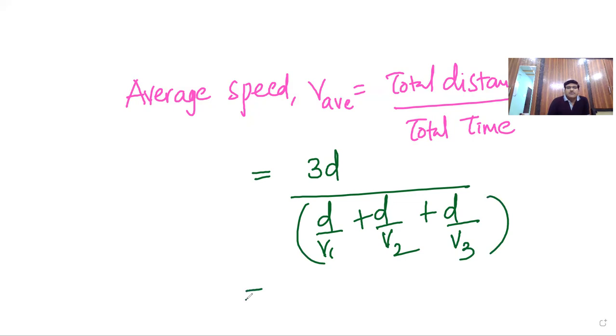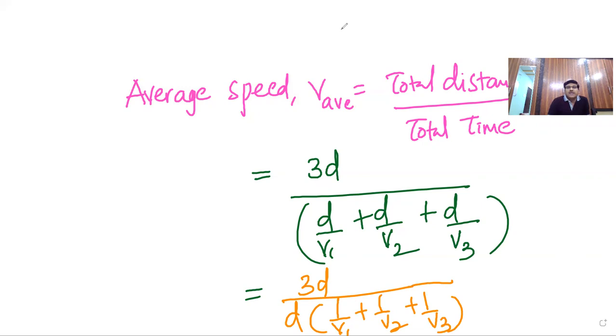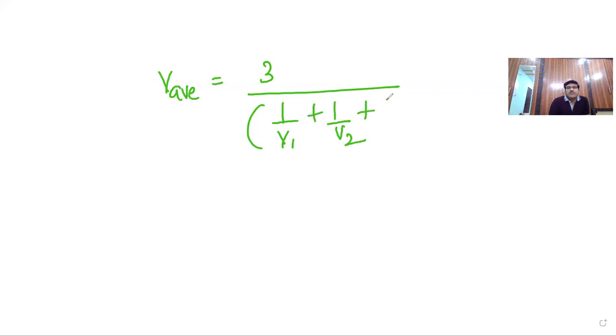D is common, take it out. So D is common, hence 3D by D times 1 by V1 plus 1 by V2 plus 1 by V3. Now, in this case, D goes out. On simplification, V average is equal to 3 divided by 1 by V1 plus 1 by V2 plus 1 by V3.